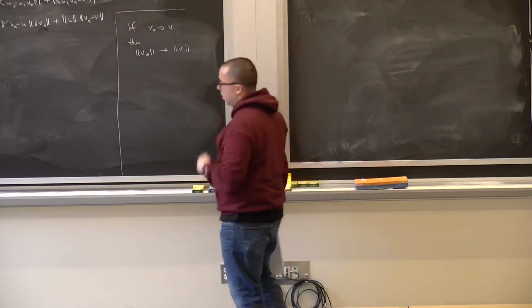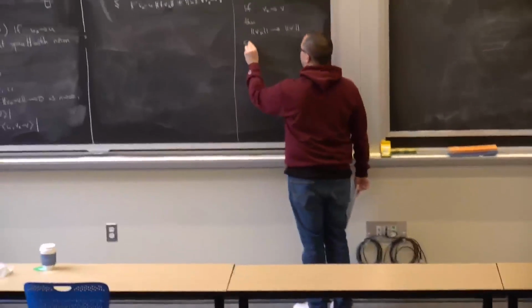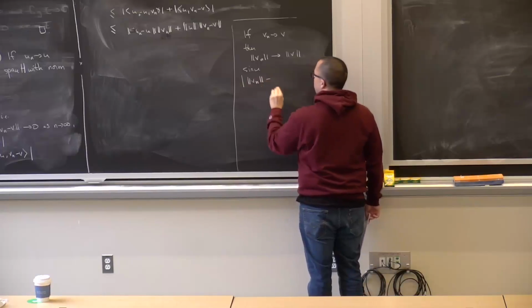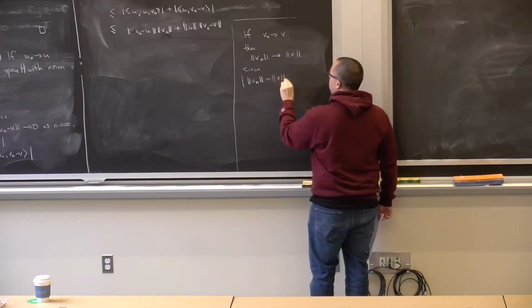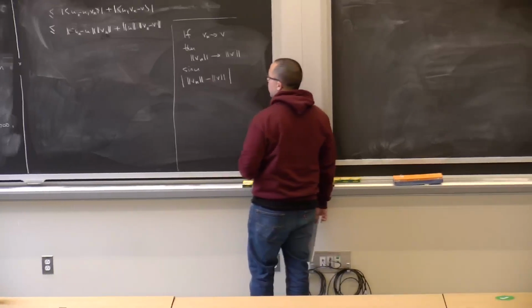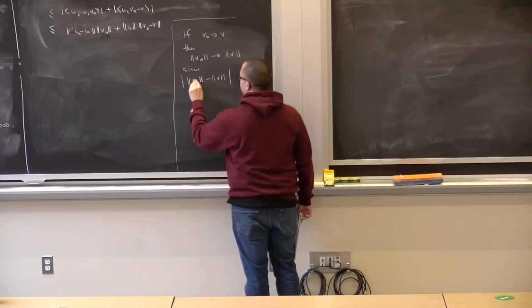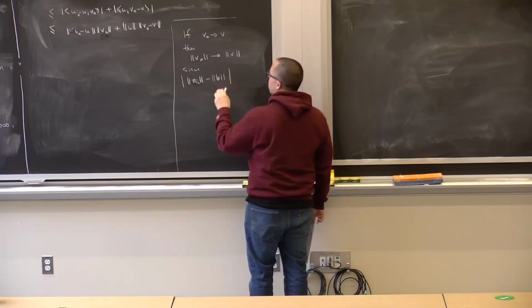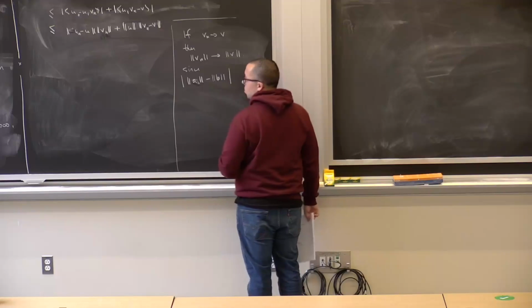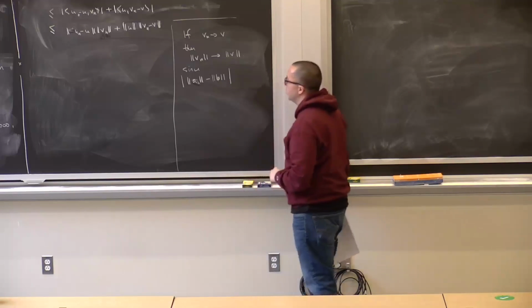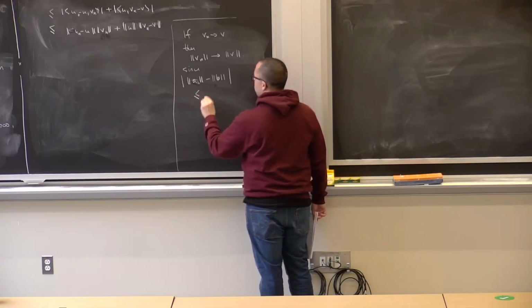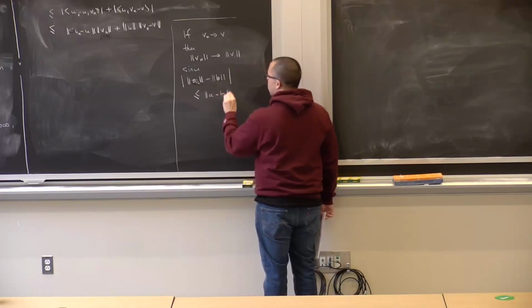One can prove, as you do in real analysis, the following reverse triangle inequality: if I have two vectors a and b in H, and this just works in any Banach space, not necessarily a pre-Hilbert space, the absolute value of the difference in norms is less than or equal to the norm of the difference.